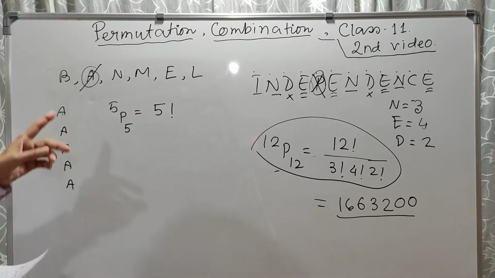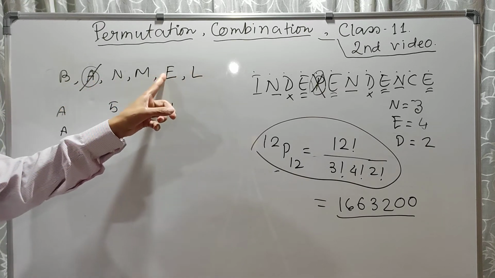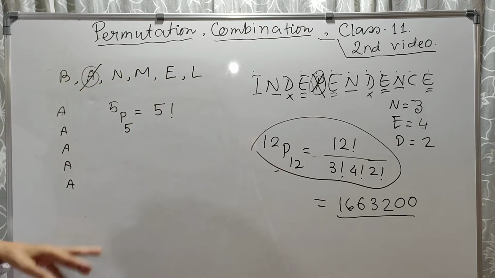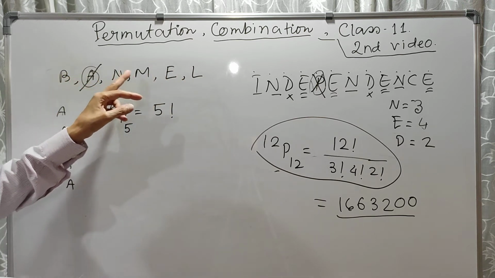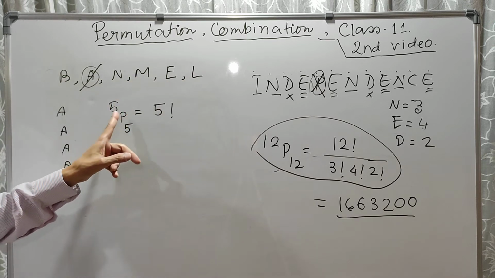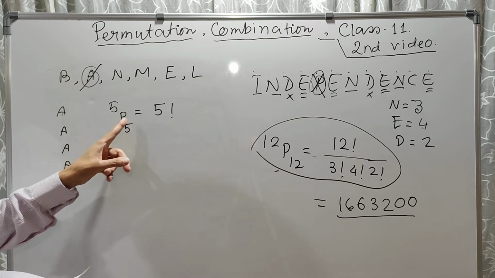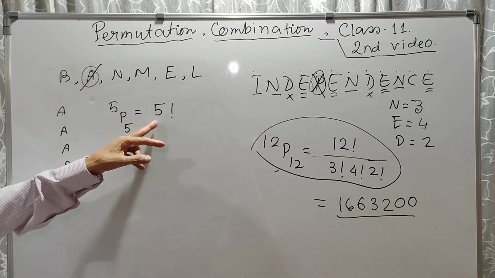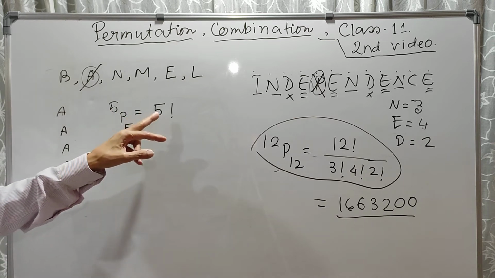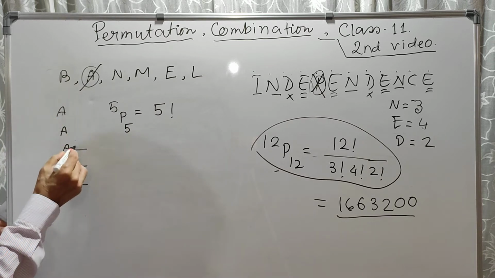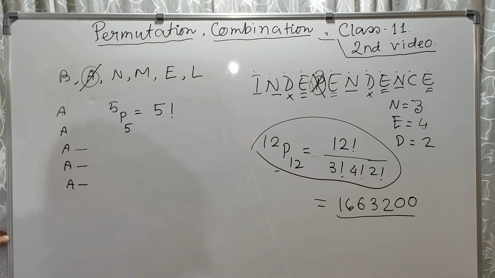Now in this there is no repetition. You see, all are distinct objects. Out of these 5 letters, the number of permutations taking all at a time will be 5 factorial, isn't it? Now for each permutation you put A in the beginning. Therefore you get so many, isn't it?